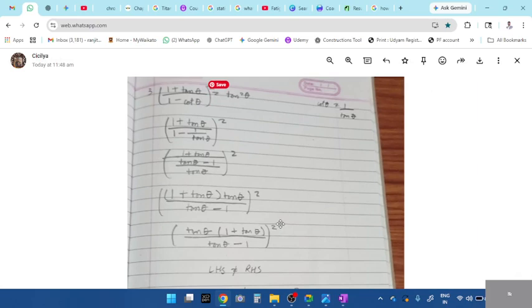Yes, Cecilia, can you see the screen? Can you unmute? Yeah, all of you look at the screen, students. This is Cecilia's answer. See, she's almost done.